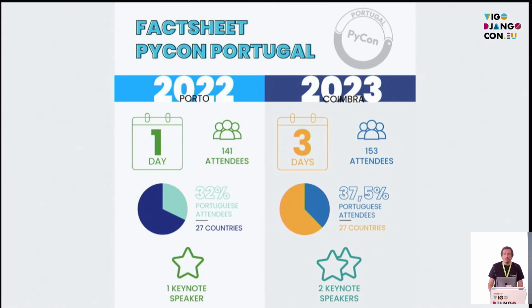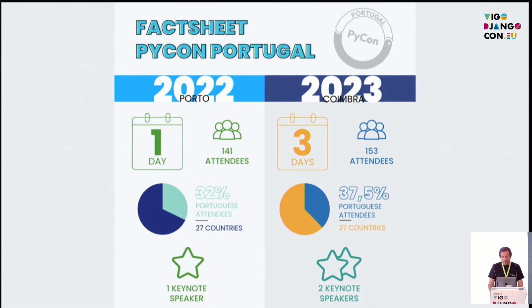We have a goal of going through all Portuguese cities with PyCon, bringing technology and raising awareness in these different cities. The first PyCon Portugal was 1 day, and we had lots of attendees. 32% of them were Portuguese, which is amazing because it's PyCon Portugal. The rest of them came from 27 different countries.